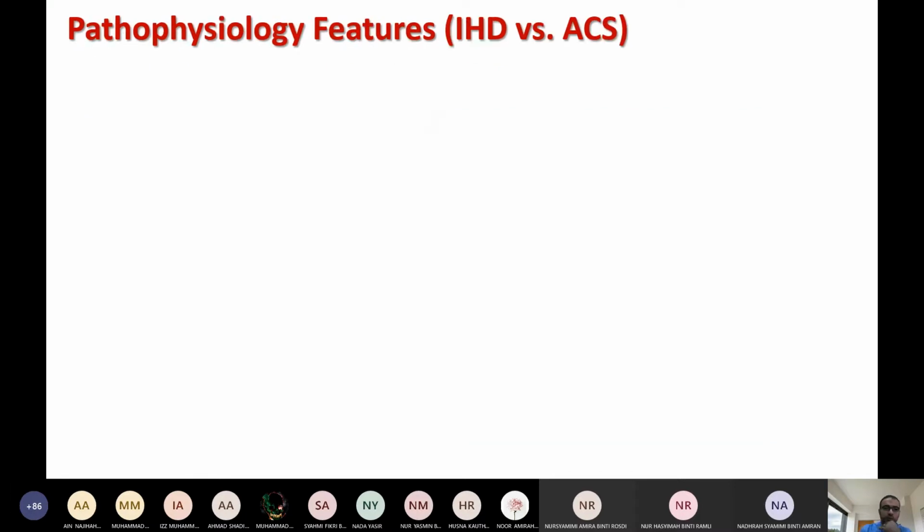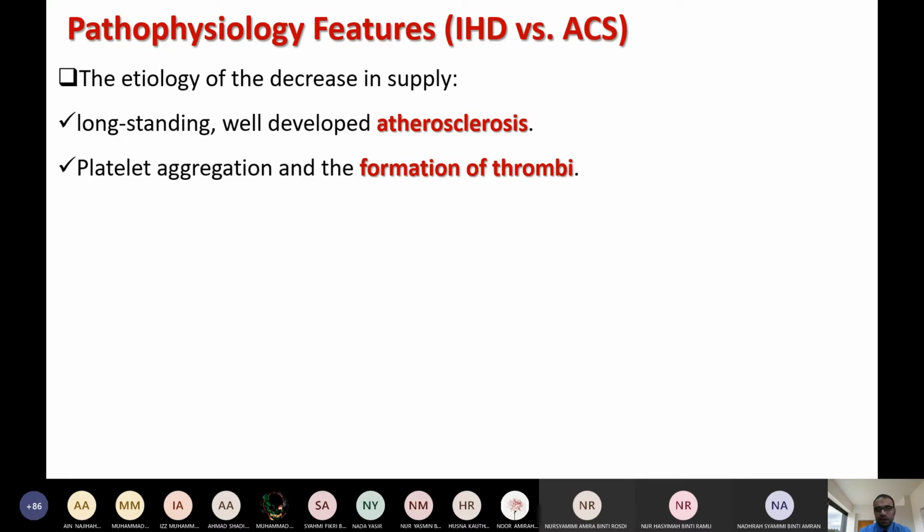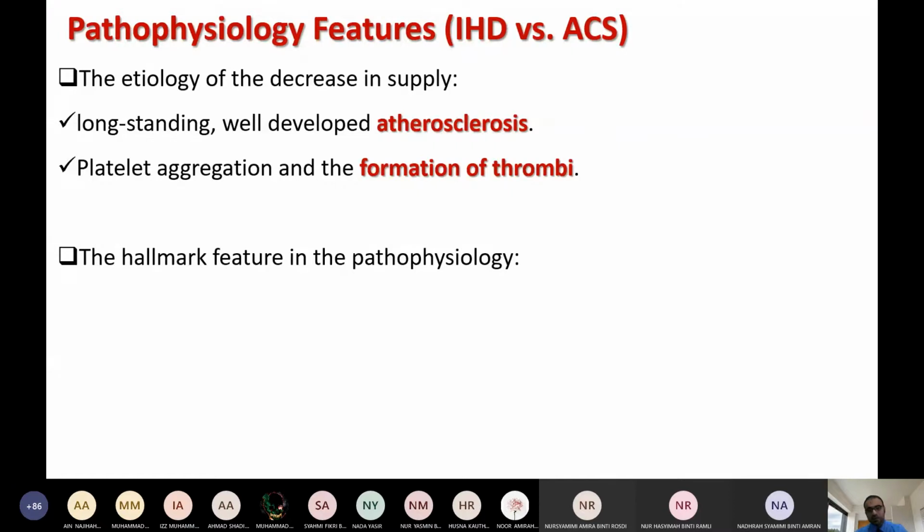So in the pathophysiology, what makes it a bit different between ischemic heart disease, the one we call chronic in nature, ischemia, and ACS, the acute coronary syndrome, which we will discuss, inshallah, next week? It depends on which one is predominant. Is it predominant by atherosclerosis, or by thrombus formation, the immediate thrombus formation?